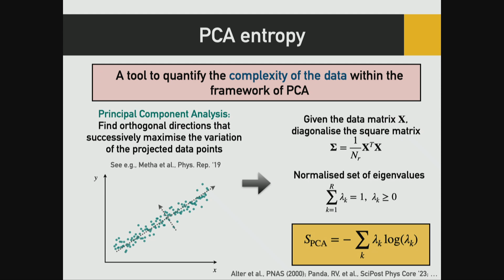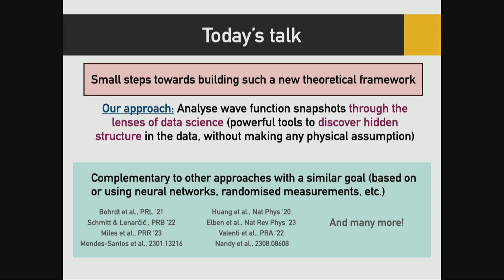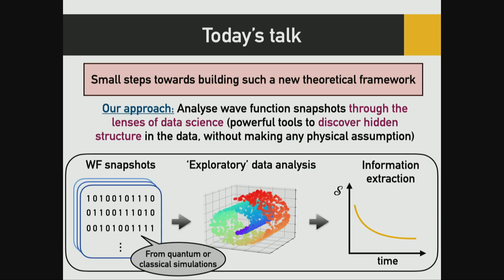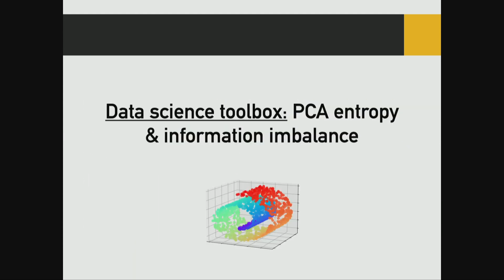One can show that such an optimization problem boils down to diagonalizing a square symmetric matrix, this matrix sigma over there, which you compute from your data matrix X. Here X really represents, for example, one of these rectangular matrices there.